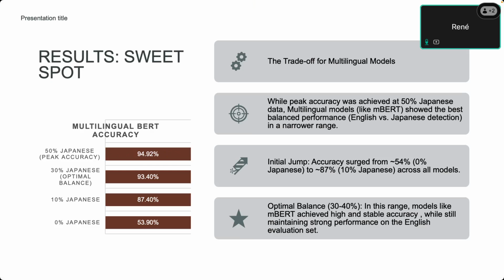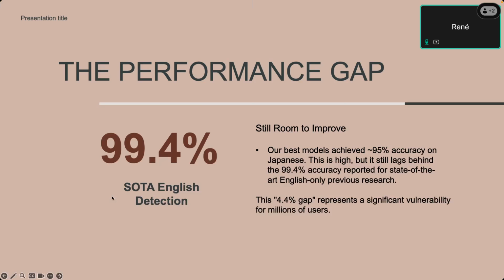Okay, as we see the results, they are really close to 90%. Two of them are above 90%. But isn't that good? Yes, it is good. But the problem is that there is still room to improve. Some of the main problems with phishing is that you only need one email to be unfiltered, one email to be read, one email to be clicked for it to be a successful attack.